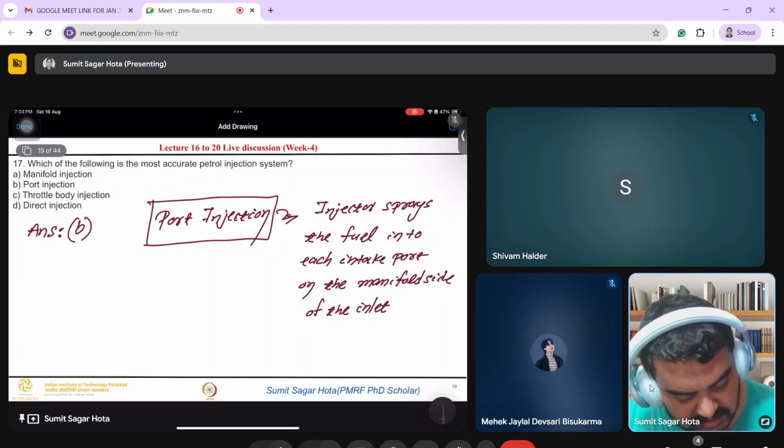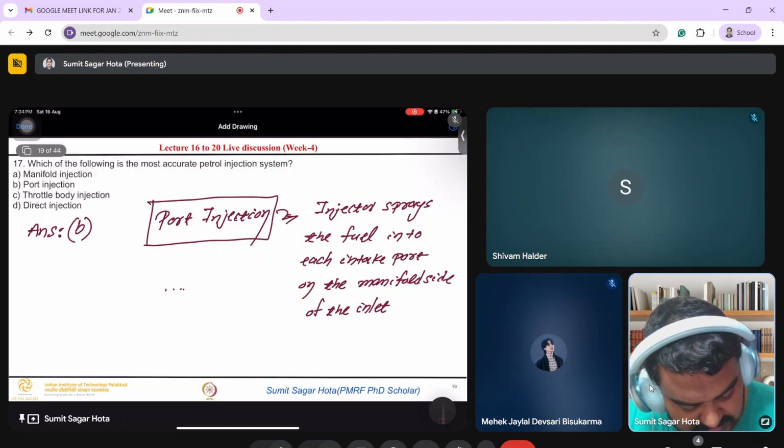There will be some ports like this, and through these the fuel will be supplied. So this is a port injection system.